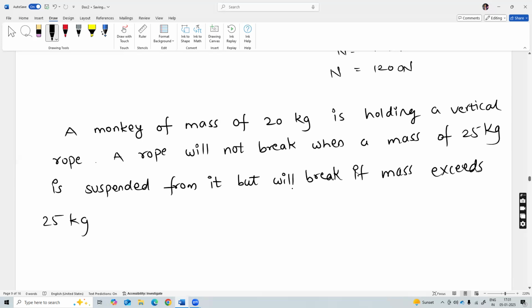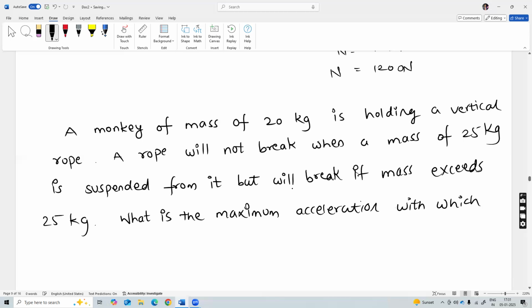What is the maximum acceleration with which the monkey can climb up the rope?